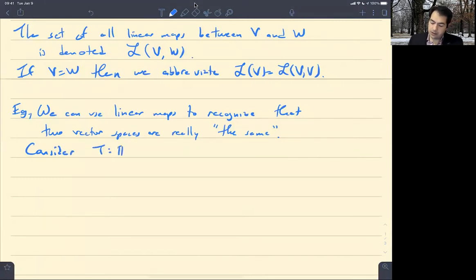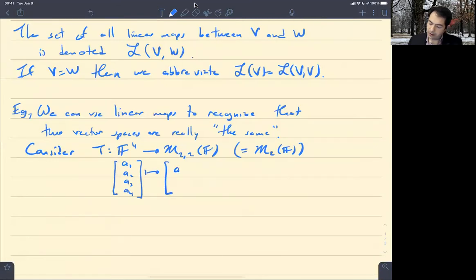T, let's take an arbitrary field F4 to the 2x2 matrices with entries in F. Actually, let me go ahead and mention that same convention. If you have 2x2 matrices, then you often just write the 2 once. Okay, so the map is going to be, you give me a column, A1, A2, A3, A4, and I will assign to it the square with entries A1, A2, A3, A4. Okay, so this is the same map we talked about last time.